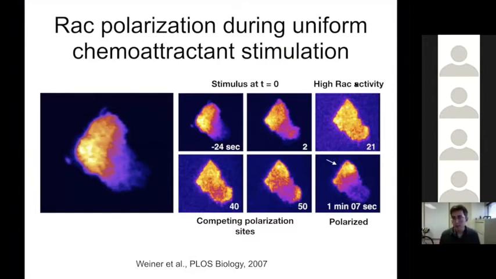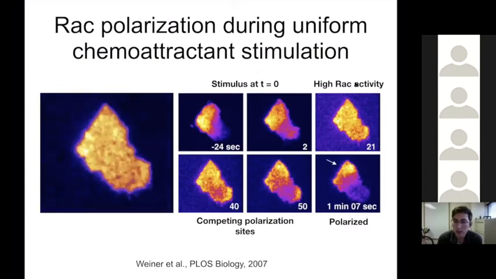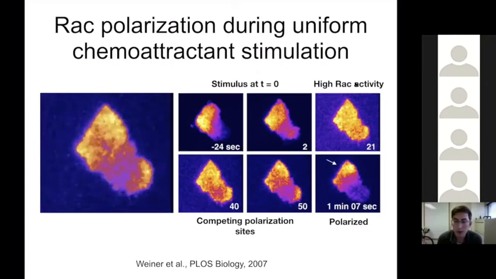And the cell that's just doing its thing sitting on a dish gets dumped with a very high level of chemoattractant. So the Rac activity pathway can be activated by external stimuli, such as chemoattractants. And you can see the cell that's initially polarized gets some stimulus. Rac activity fires up and becomes highly active all throughout the cell.